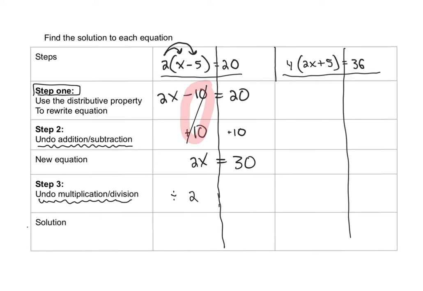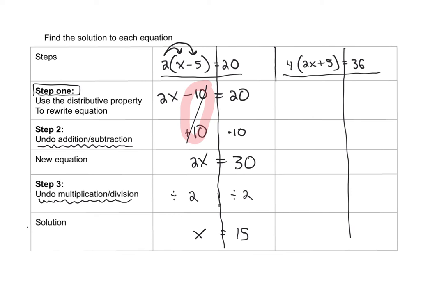If we divide one side of an equation by 2, we have to divide the other side by 2. We have to keep things equal. 2x divided by 2 will give you 1x, and 30 divided by 2 is 15. So x equals 15.